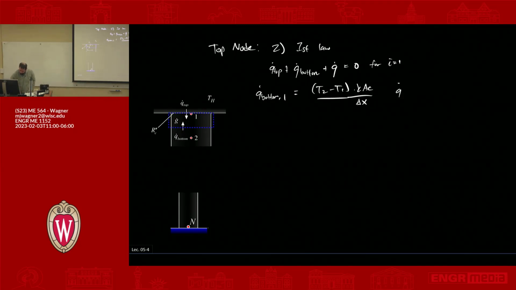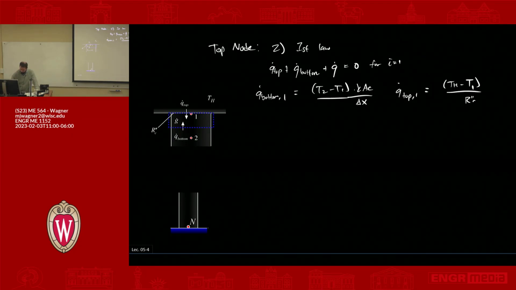Let's see, q dot top for node 1. Q dot top for node 1 is going to be, well, we've drawn the arrow going in, so it's TH minus T1 over the resistance, which is the contact resistance.